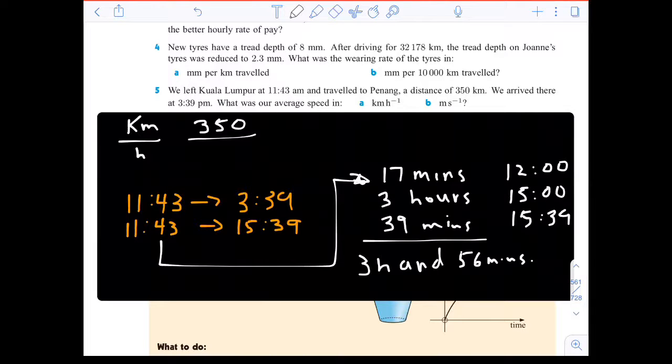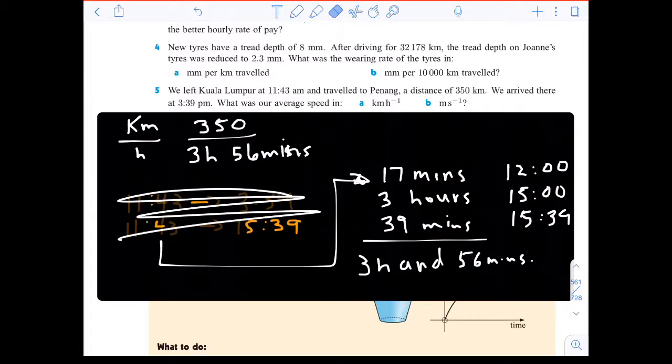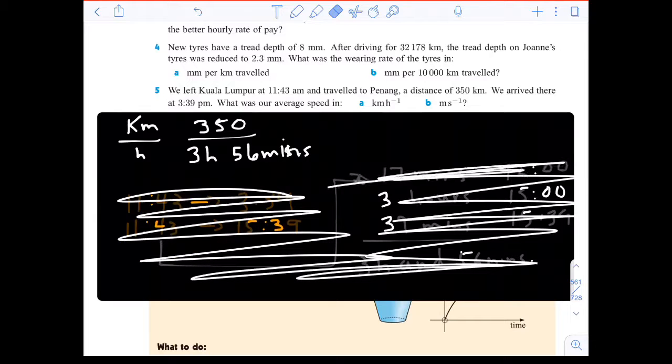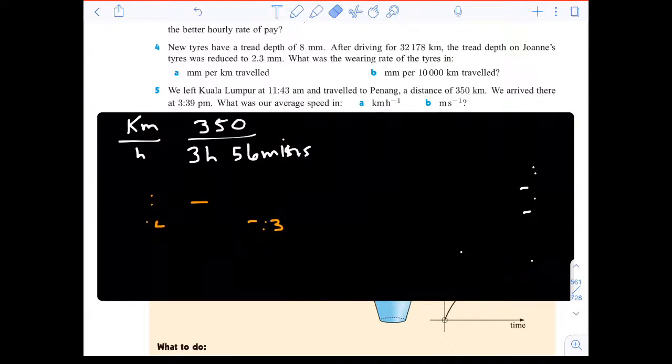So I'm going to write that at the top, 3 hours, 56 minutes. So what we're going to do, I'm going to take off this stuff down at the bottom here, now that we calculated our time.